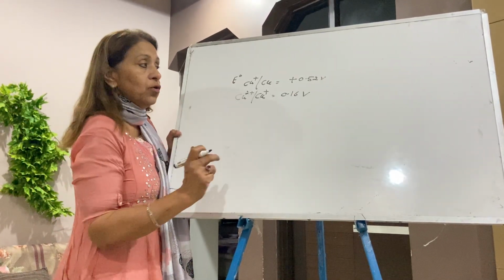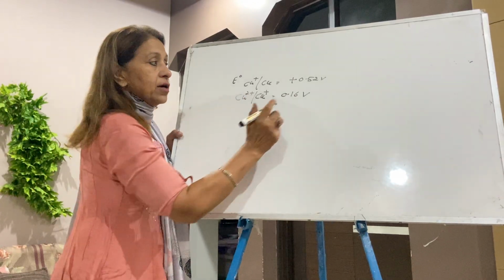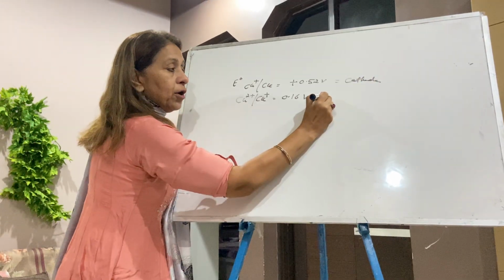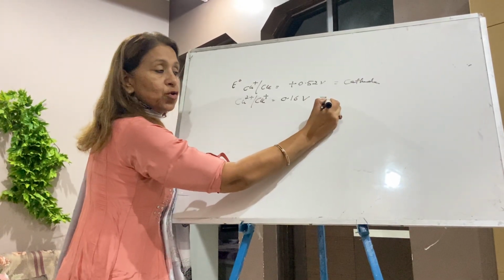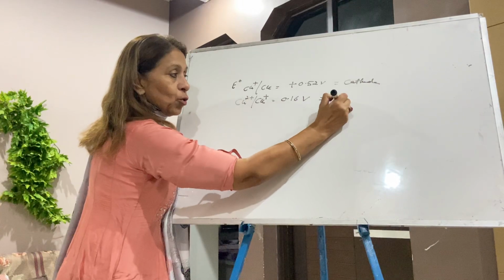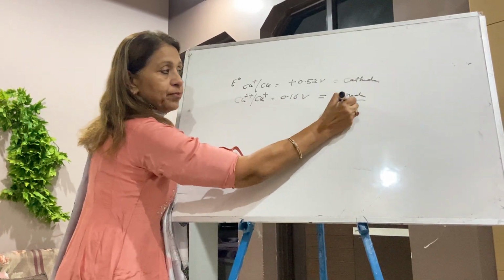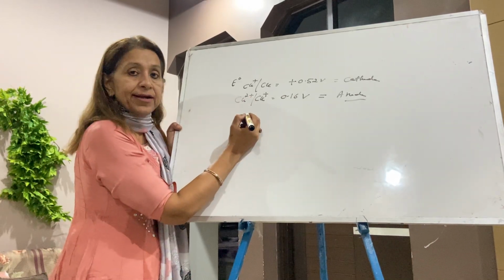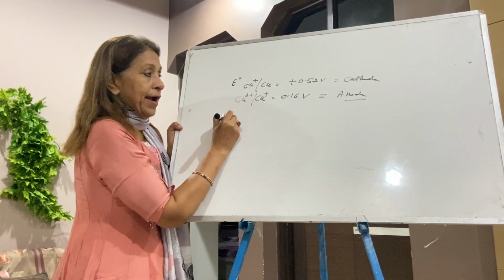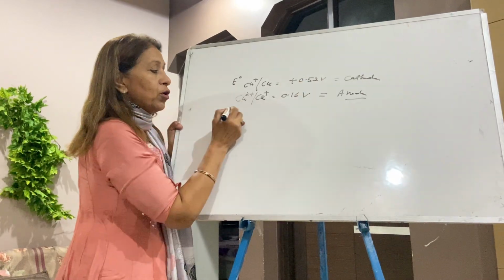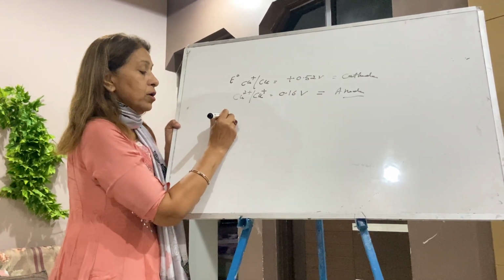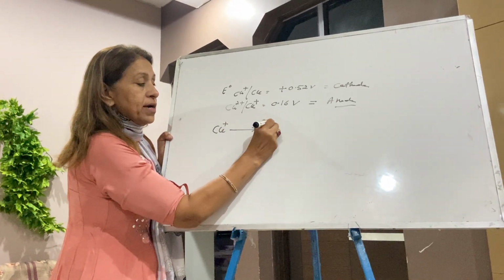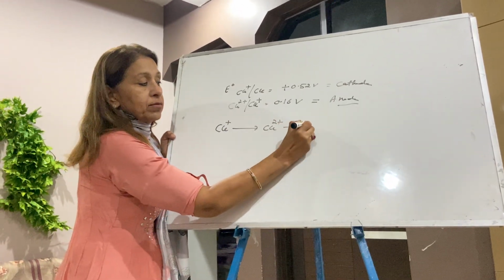One day I told you, whichever has the greater E0 always acts as the cathode. Remember, the greater the E0, the greater the tendency to gain electrons, and it acts as the cathode; the other acts as the anode. Now you can write your cathodic and anodic reactions. The anode loses electrons and the cathode gains electrons. Anode: Cu+ arrow Cu2+ plus electron.